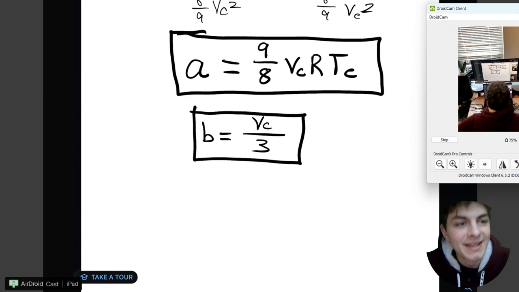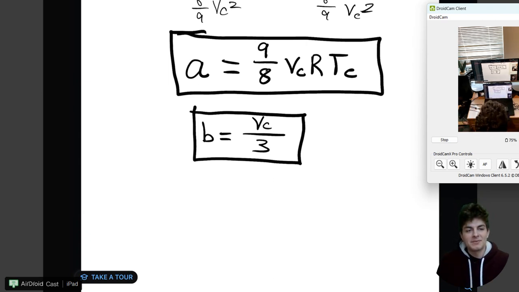Alright. That wasn't too bad at all, now was it? Now that we've derived terms for A and B, I think we can introduce another variable here, although this is widely used as a means of calculating the compressibility factor for a substance.